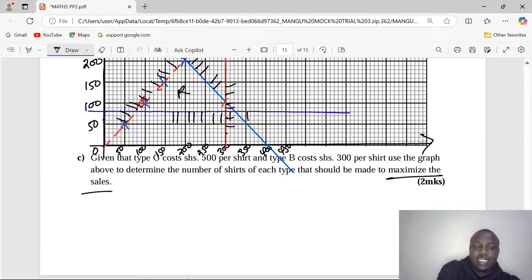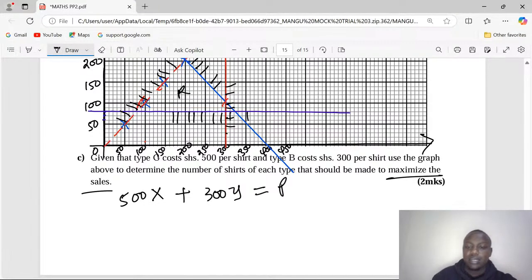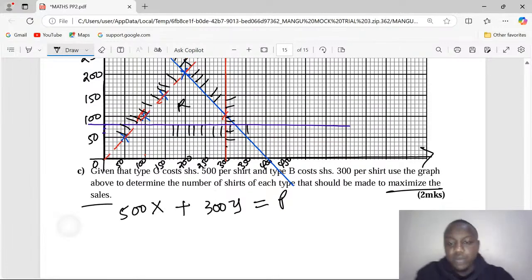To make maximum sales, we're supposed to come up with what we call the objective function: 500 type G, which is X, plus 300 type B, which is Y, equals P. This one we call the objective function.